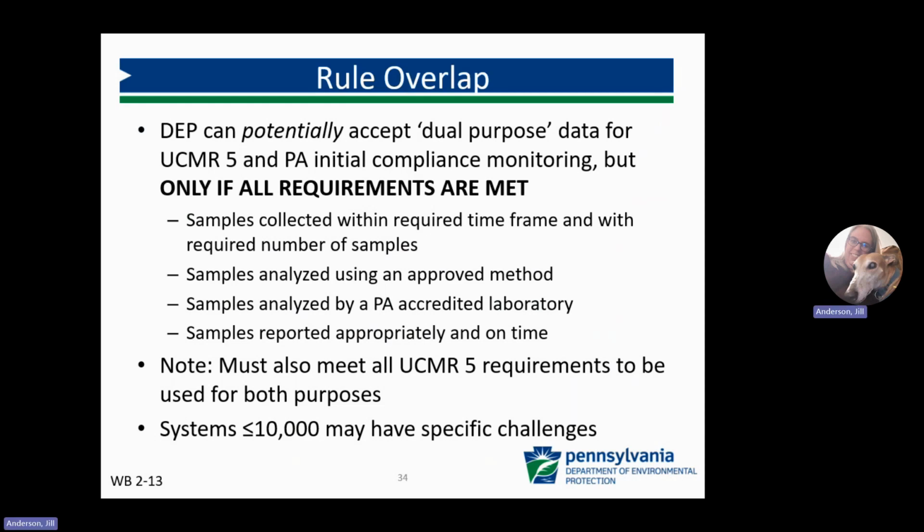Some labs are also reporting that quality control requirements for reporting the data under the two rules may be different, which may also be a complicating factor. Because of this, labs may or may not be able to accommodate a water system's request to report the same set of data for both rules. It's very important that a water system talk to their lab if they are considering dual-purpose sampling.